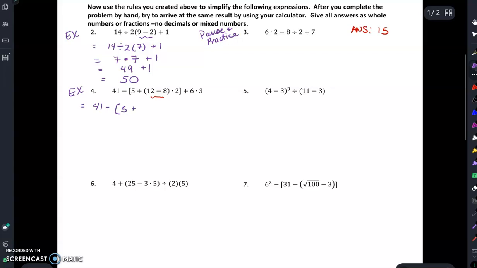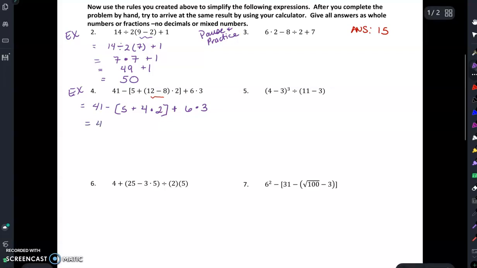And then plus the 12 minus 8. I'm just going to write a 4 in. I'm going to totally remove the parentheses and then carry down the dot and the 2, close bracket, plus 6 times 3. Now here's where, if you want, you could actually do that 6 times 3 at any point. It's kind of its own separate entity over there.